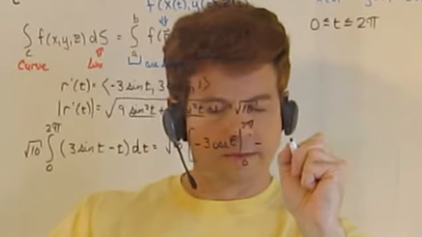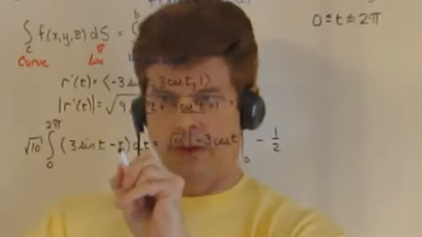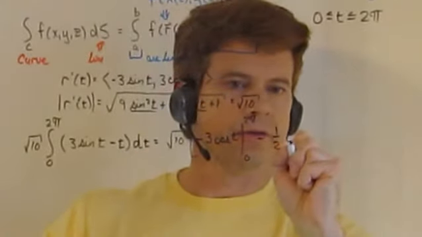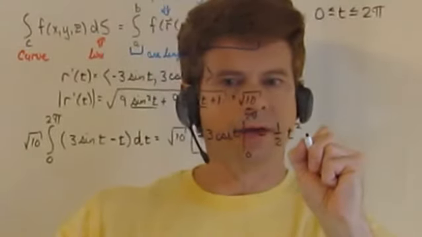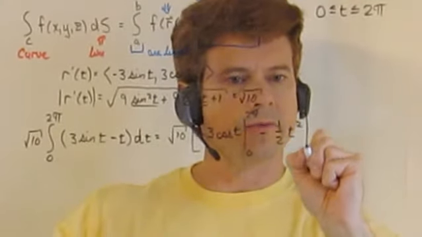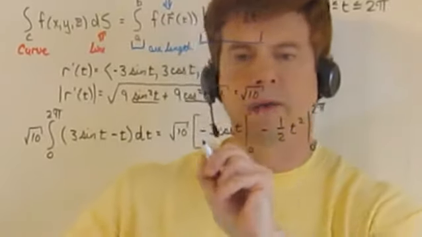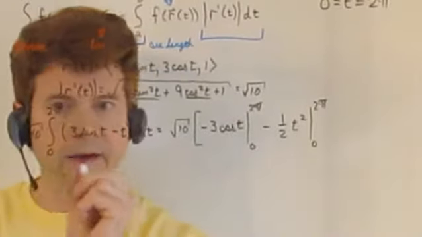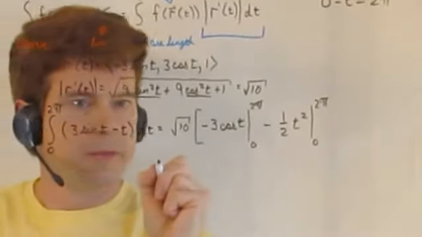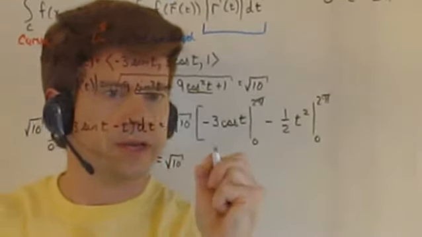minus 1/2, taking the integral there, of t squared over 1/2. And then this is also from 0 to 2 pi. Now we plug in our values here, and we have square root of 10.